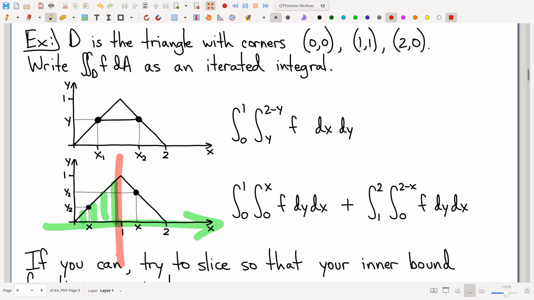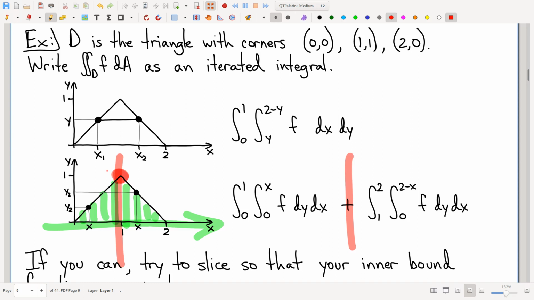And then the slices are qualitatively different because they have an upper bound curve that's a totally different curve. Okay, so the reason I got two integrals is because of the bad thing that happened right there. Because that's where my upper bound for y jumped from one line over to the different line.